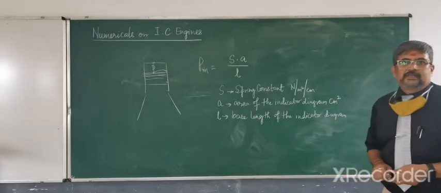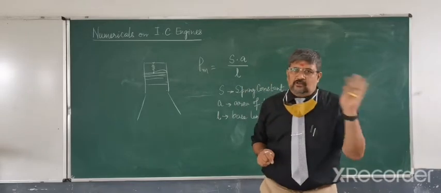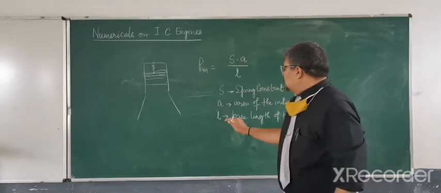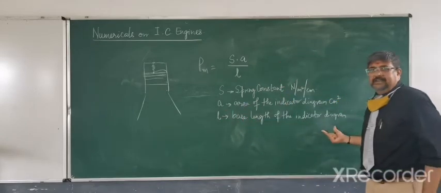It is the base length. Please do not confuse this small l with the stroke length. Okay, this has got nothing to do with the stroke length. This small l is nothing but the base length of the indicator diagram.